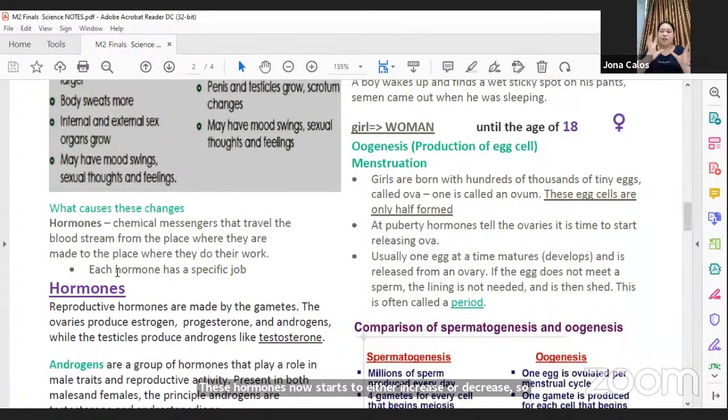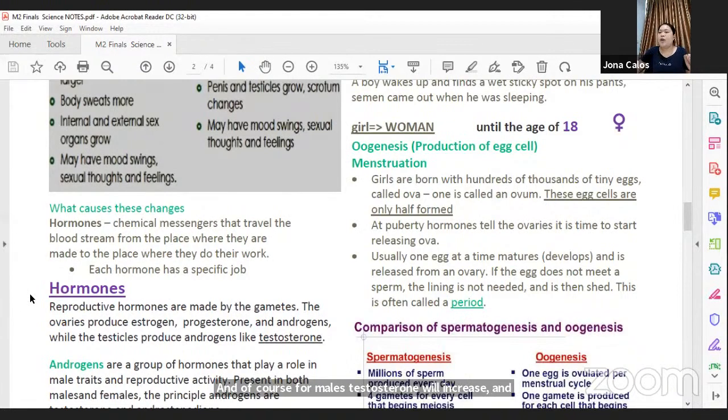If you are a female, you will have less testosterone and more estrogen, and progesterone will also start to increase, but mostly the estrogen. For males, testosterone will increase and estrogen will decrease.